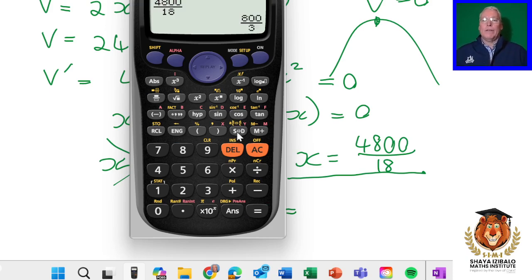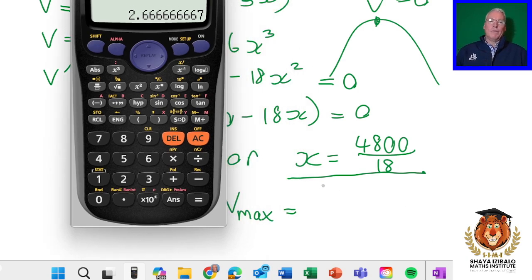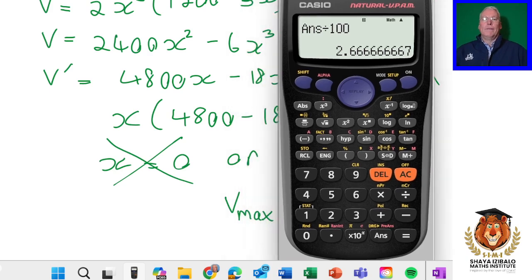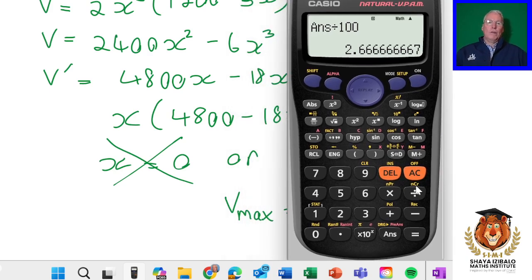Our value for x is actually that many centimeters. If we divide that by 100, we'll get it in meters. Okay, so it's 2,7 meters. X is about 2,7 meters. So now we're going to put that value into here, and then we'll get our volume in meters cubed.